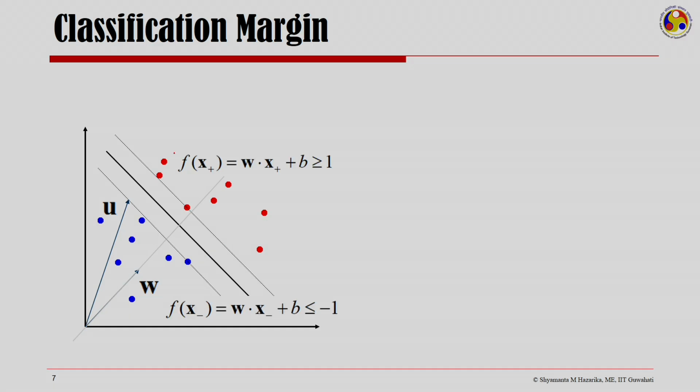So, these are the functions on the two sides of the hyperplane, or the widest street that I want to fit in between the pluses and the minuses.